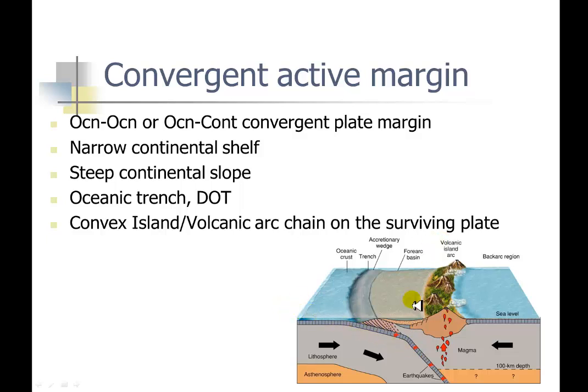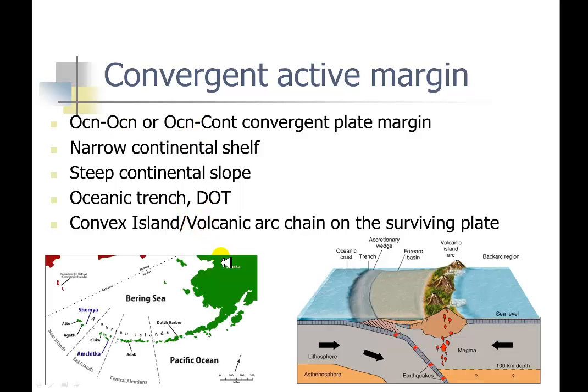As the thing goes down, it actually produces a concave plate, and it makes a concave or a convex, depending if you're looking at this side or this side, but the side closer to the trench is actually a convex line of volcanoes, islands if it's an oceanic, and volcanic arc if it's an oceanic continental.